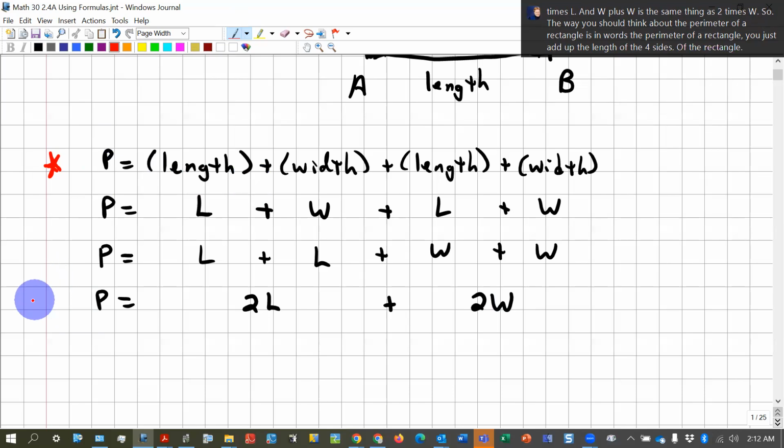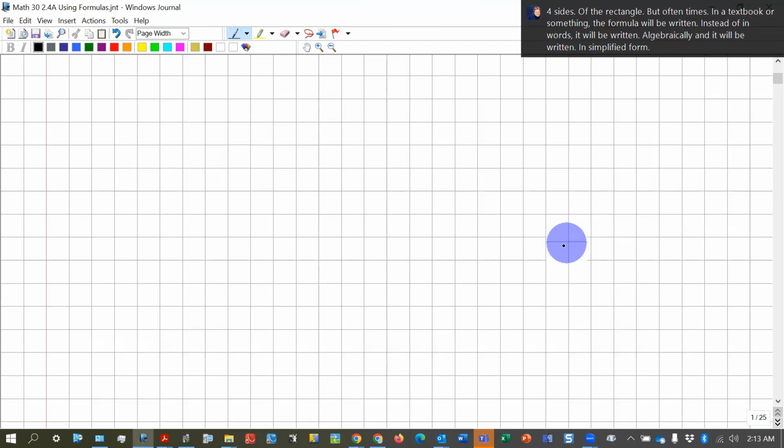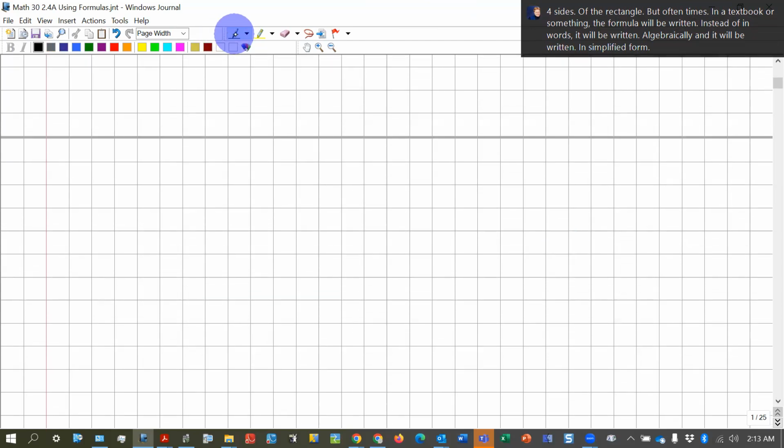But oftentimes in a textbook or something, the formula will be written, instead of in words, algebraically, and it will be written in simplified form. So suppose we are using this formula.